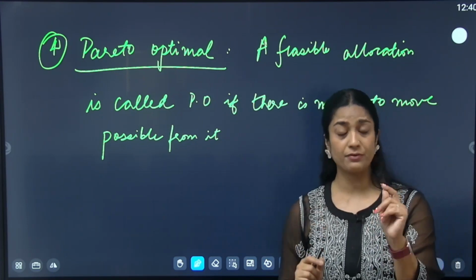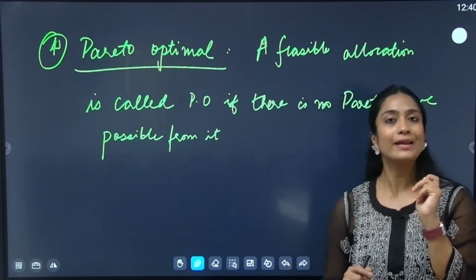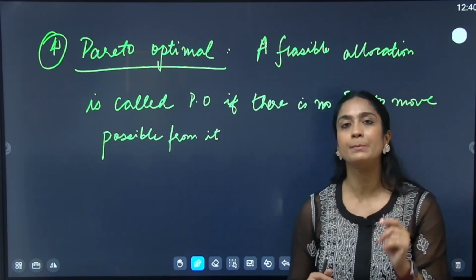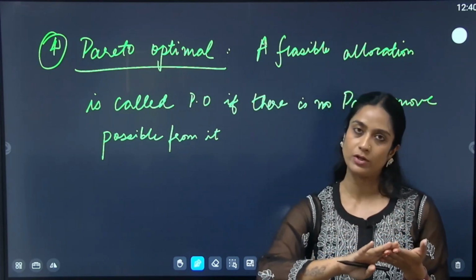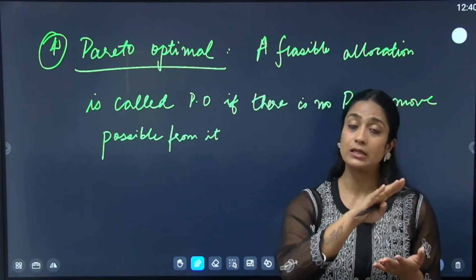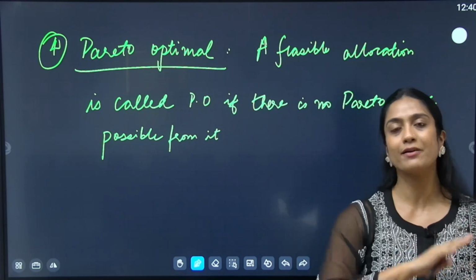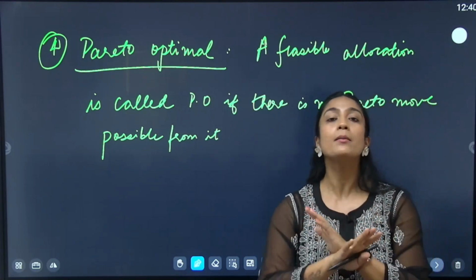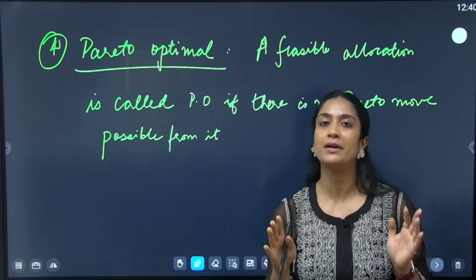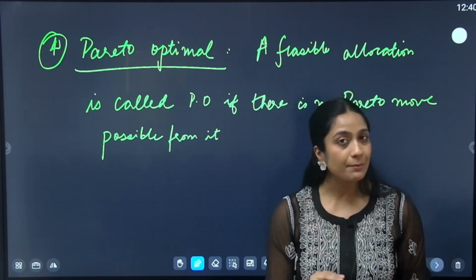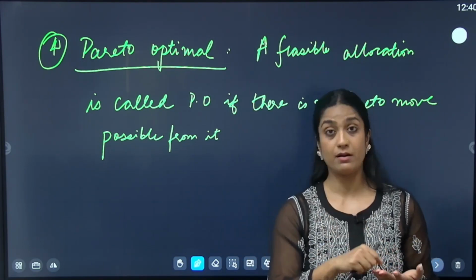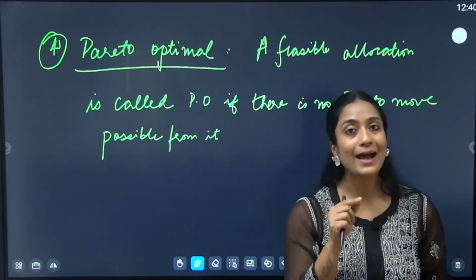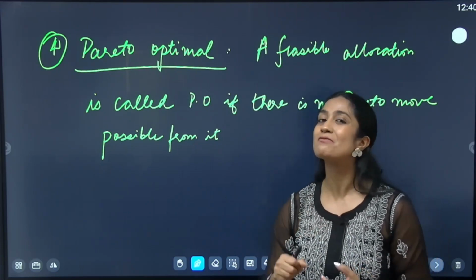So if any allocation A is Pareto optimal, then if you move away from that allocation to a different allocation, it definitely cannot be the case that both Rahul and Fiza will be better off. It can be the case that Rahul is better off, but that would definitely mean that Fiza is worse off.